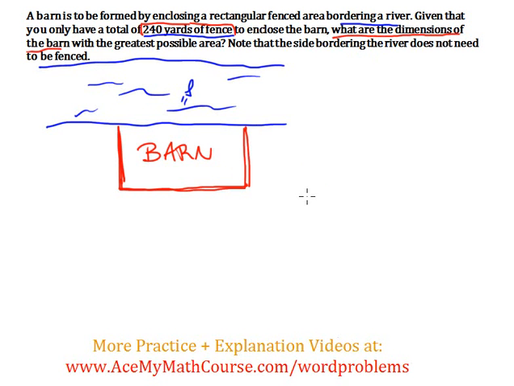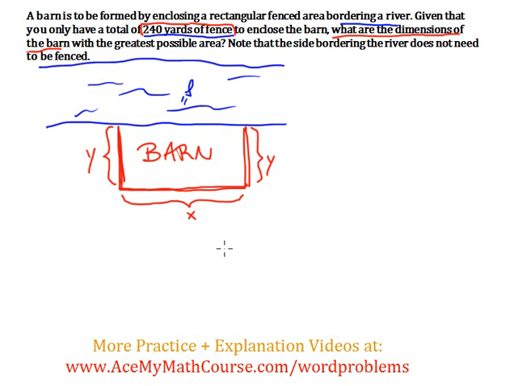So let's get started. It's a rectangular barn. I'm just going to call this here X, the length of this side of the barn. And I will call the length of this side just Y. Of course, this side is also going to measure Y because the barn has a rectangular shape.